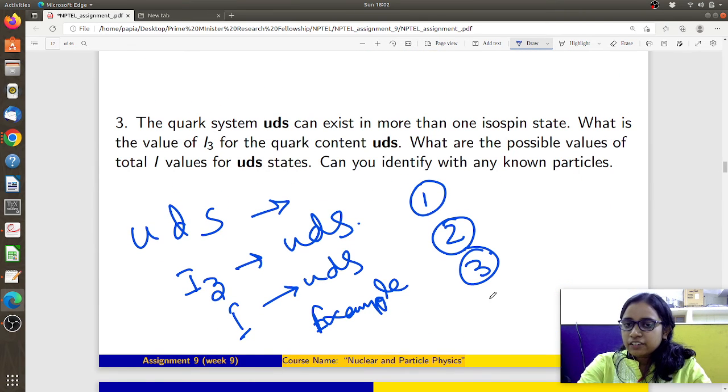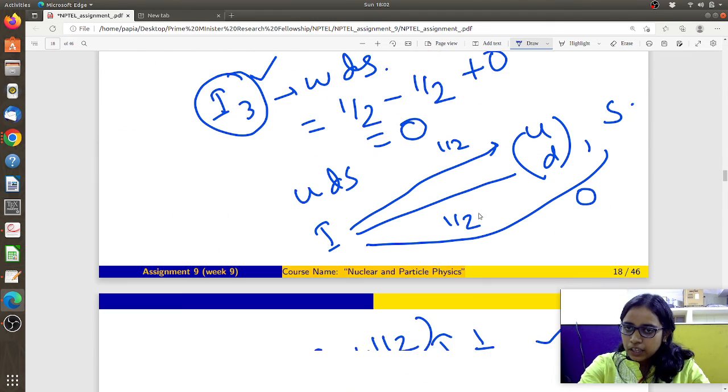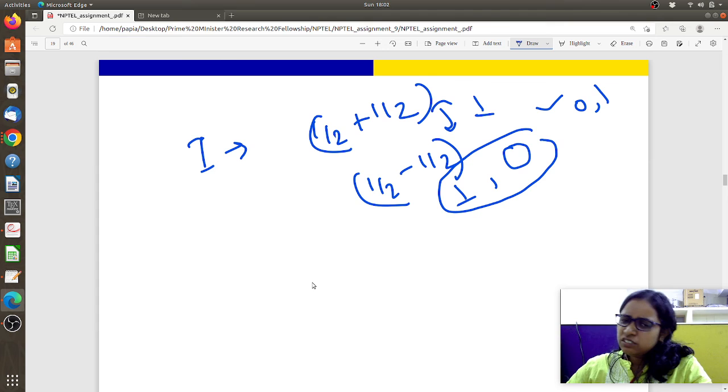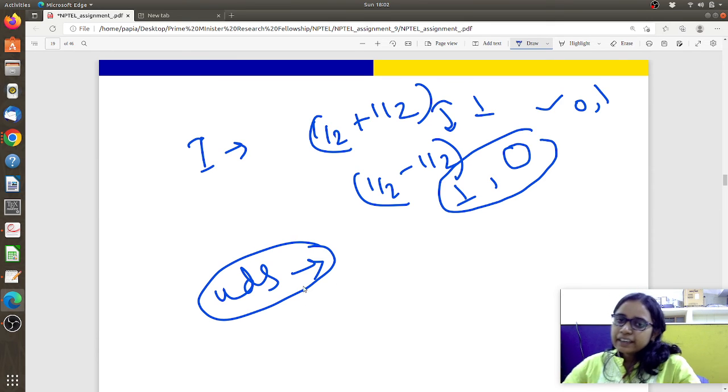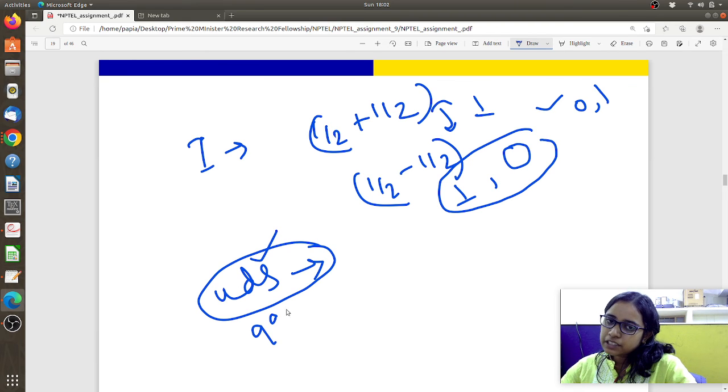Now coming to the third question: can you identify it with any known particles? For that you just remember one thing: UDS is basically a chargeless particle, and it obviously should be a baryon because a QQQ combination is there.